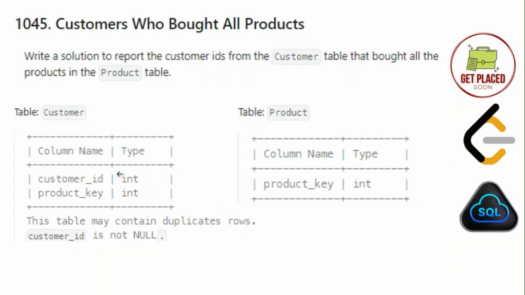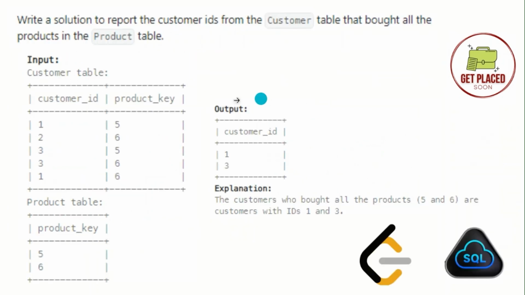Now let's understand the question. Here we are supposed to report the customer IDs from the customer table who bought all the products present in the product table. Let's look at an example. In the product table, you can see there are two products, product 5 and product 6. We just have two products. And in the customer table, you can see there are 3 customers, customer ID 1, 2 and 3. Customer ID 1 has bought item 5 and item 6.